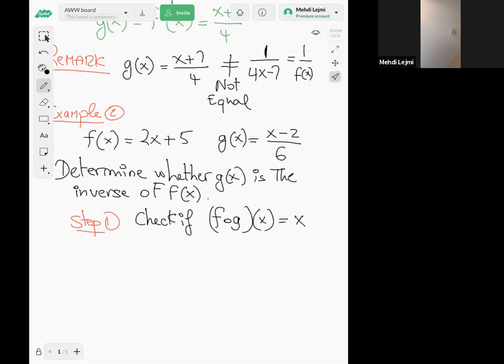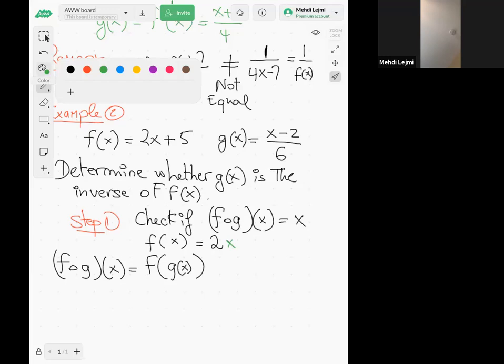I'm going to write down here f composed with g of x, and that's by definition f of g of x. And here I write f of x, which is 2x plus 5, right? That's my f. Now f composed with g is going to be 2 times g of x, here's my g of x, and then there is a plus 5.